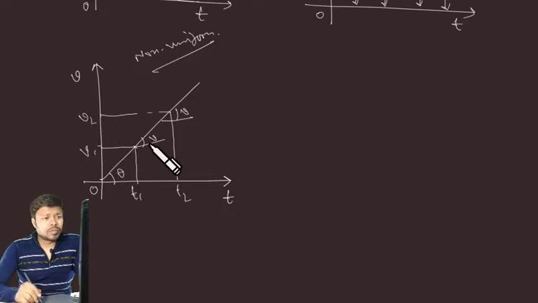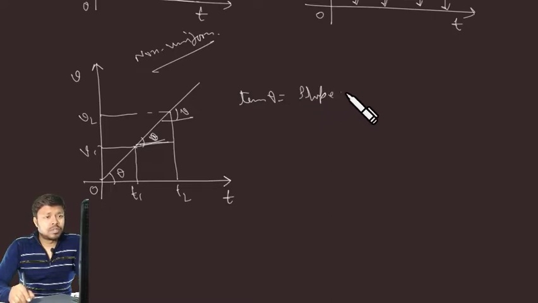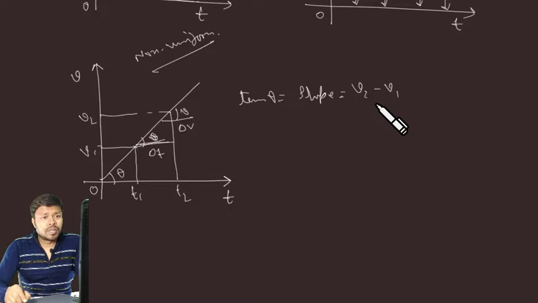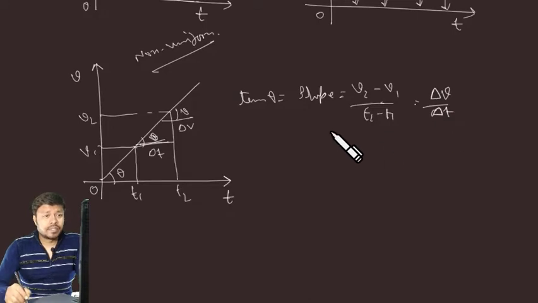Then what can you say about the slope? If this is theta, then tan theta equals to what? Of course slope equals to, this is my del v, this is my del t, means v2 minus v1 by t2 minus t1 equals to del v by del t.